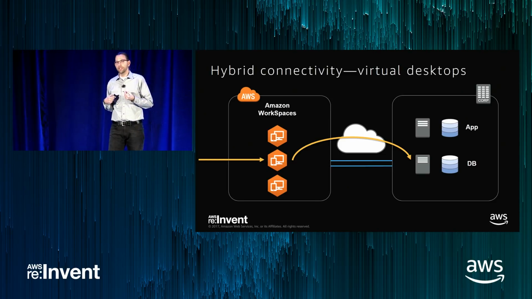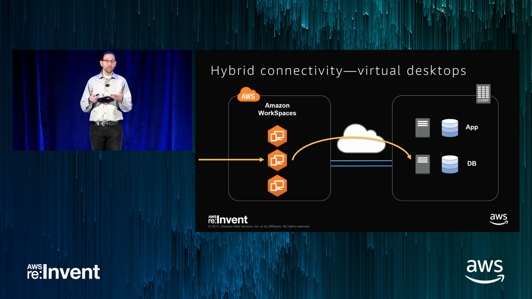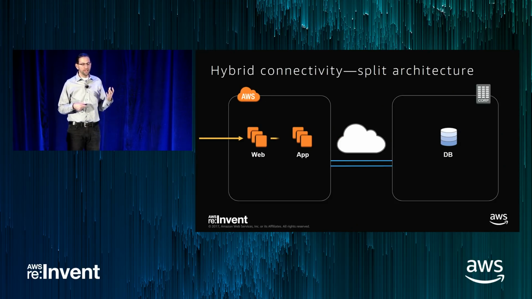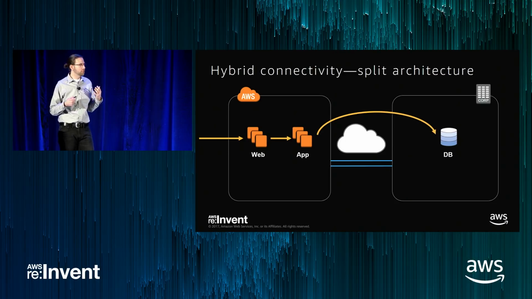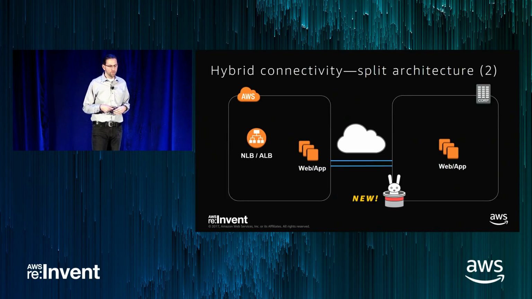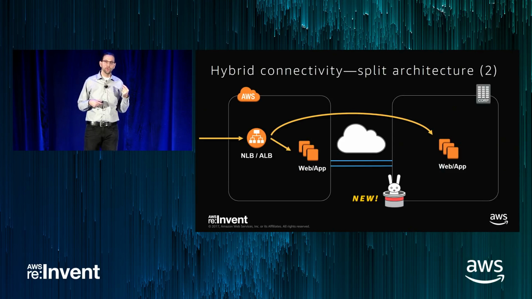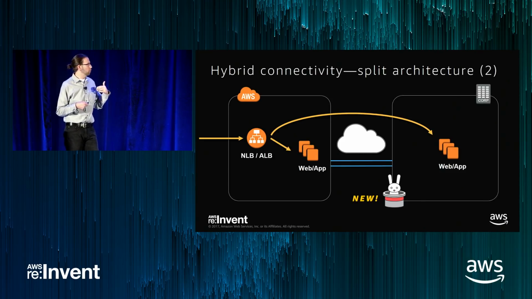So you have these virtual desktops that are running in AWS, but they need connectivity back to applications in your corporate data centers. There are different flavors of split architectures. These are cases where certain layers of an application are running in AWS, some layers of an application are running elsewhere. In that vein, some releases that we have made this year now allow you to run a load balancer in AWS, which has both AWS endpoints as well as IP-based endpoints.